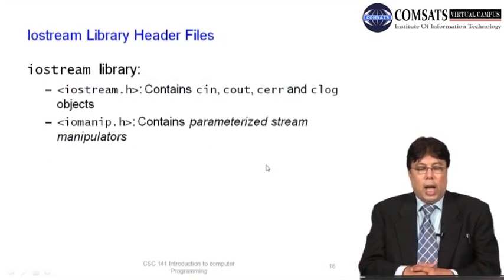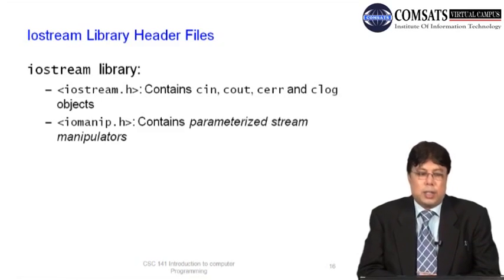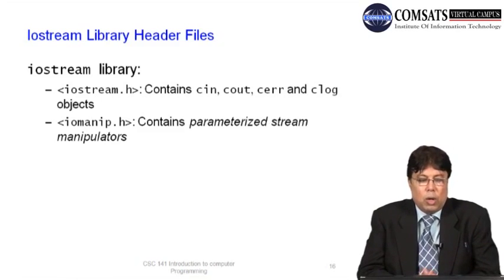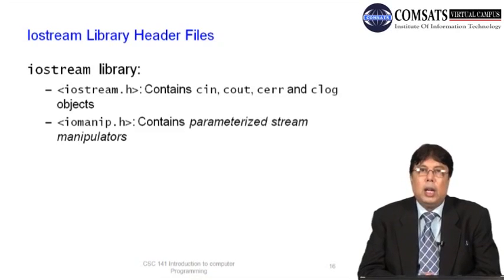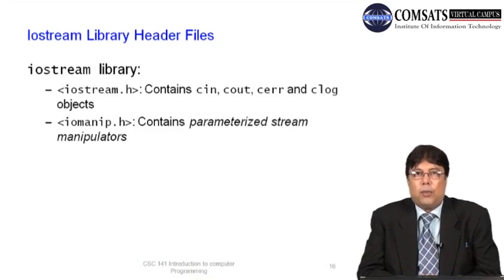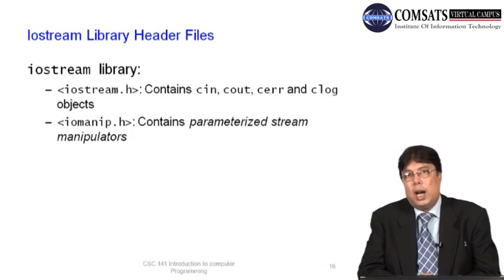The IOStream library is once again a facility, and I'm 100% sure that you must remember iostream.h. Usually we don't use .h. This is because when you are using the current directory, you need to provide the extension, which is .h, the header file.